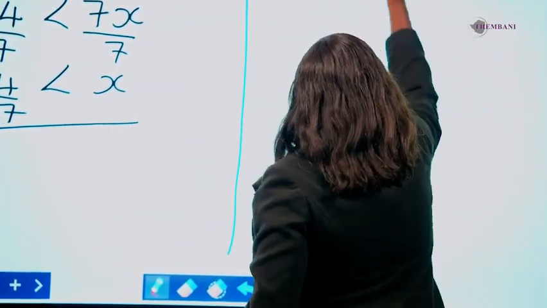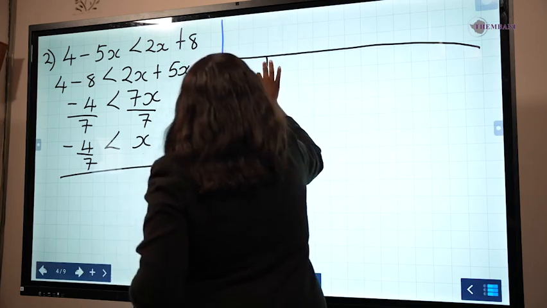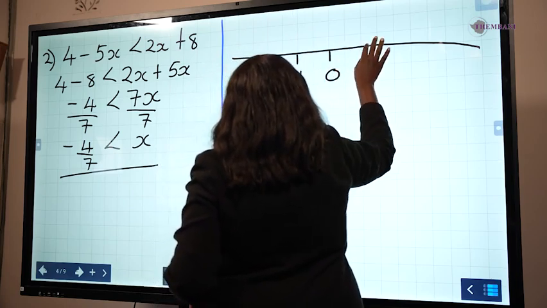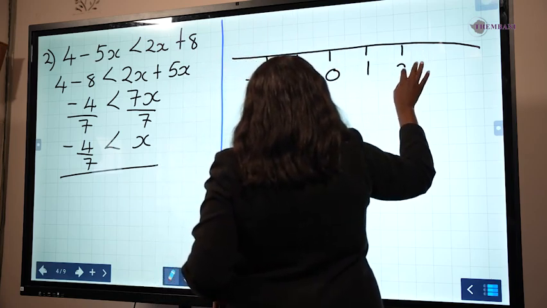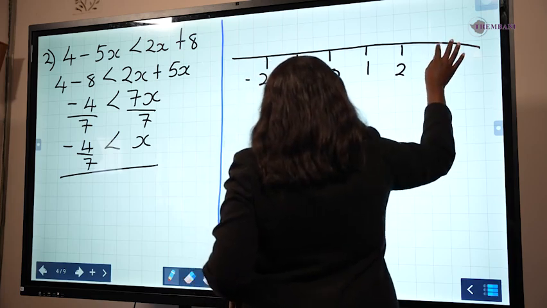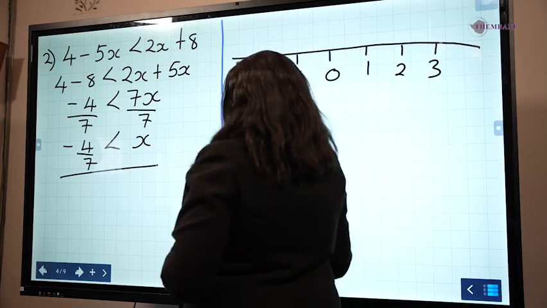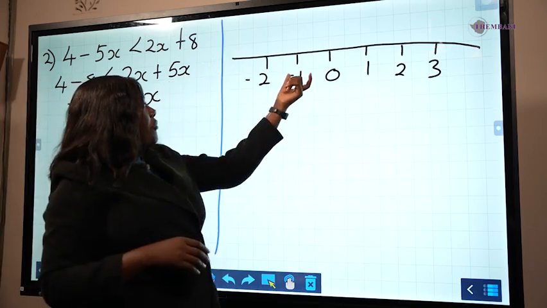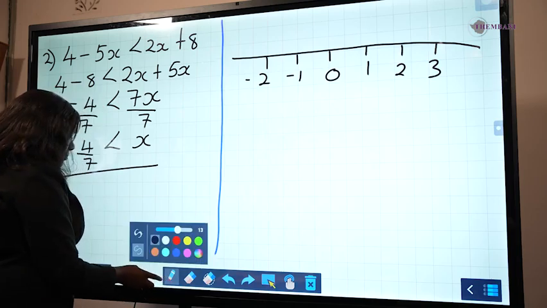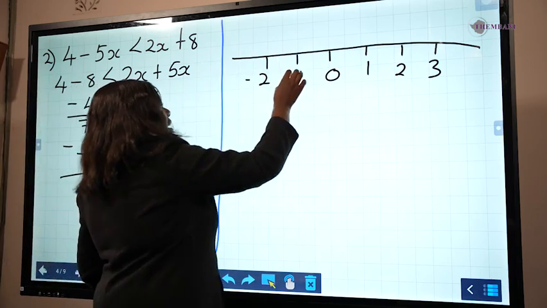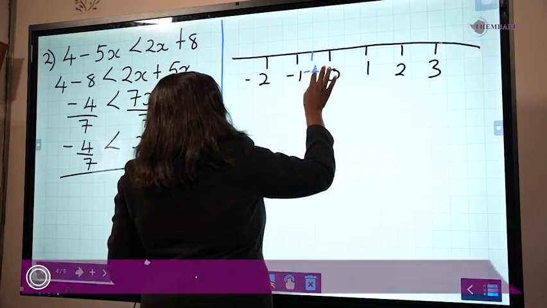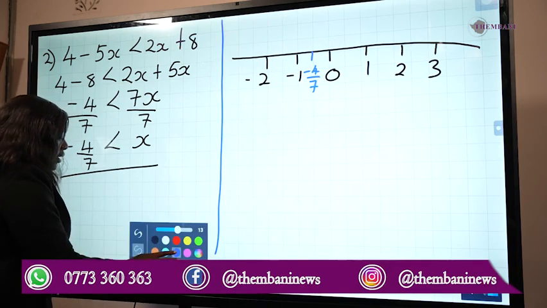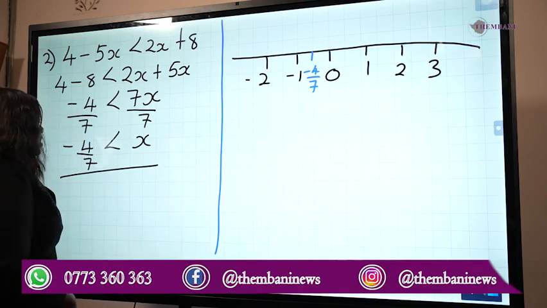So it means I have my negative 2, here I have my negative 1, here I have my 0, here I have my positive 1, here I have my positive 2, and I'm going to put a negative 3. So this negative 4 over 7 is going to be somewhere here. So I'm going to put it in color where we have our negative 4 over 7. I'm going to put my small circle there.